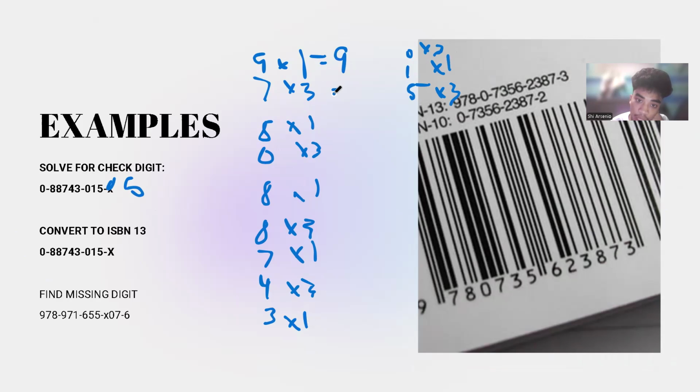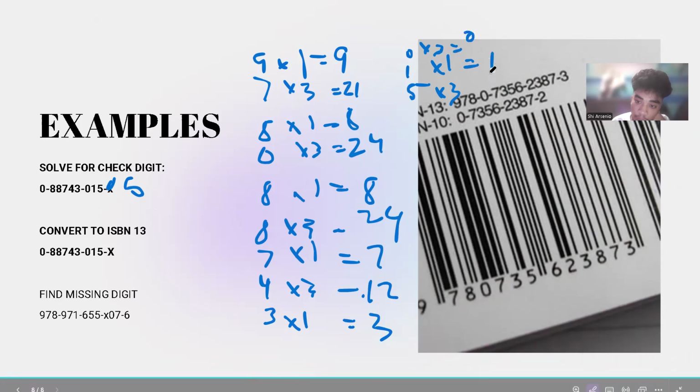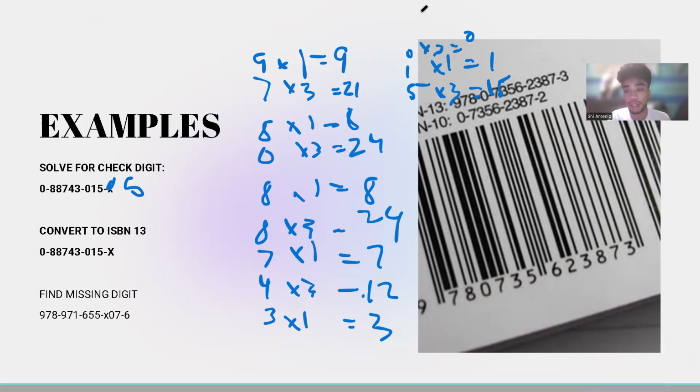So 9 times 1 is 9. 7 times 3 is 21. 8 times 1 is 8. 0 times 3 is 0. 8 times 1 is 8. 8 times 3 is 24. 7 times 1 is 7. 4 times 3 is 12. 3 times 1 is 3. 0 times 3 is 0. 1 times 1 is 1. And 5 times 3 is 15. So we will add all of the digits together.